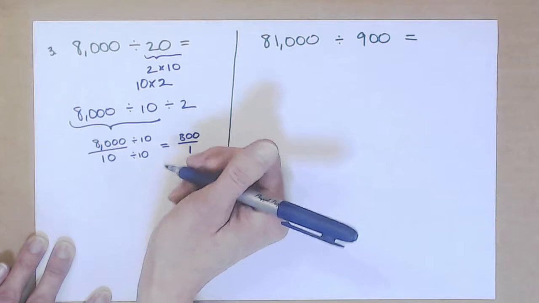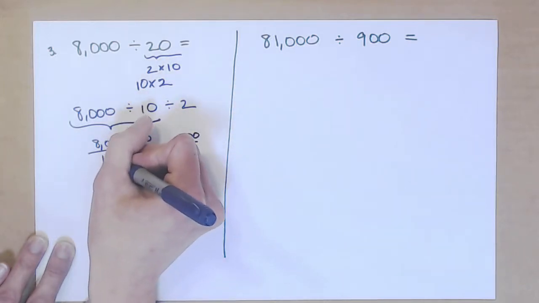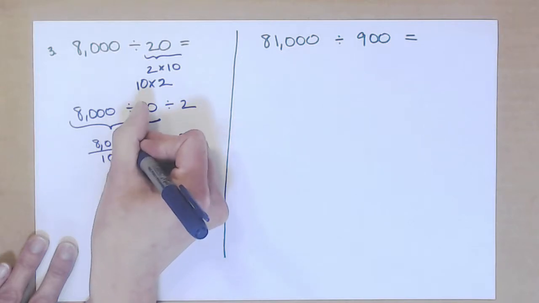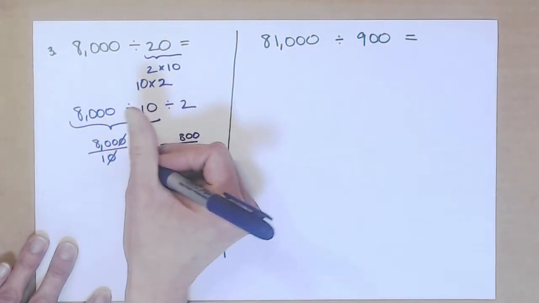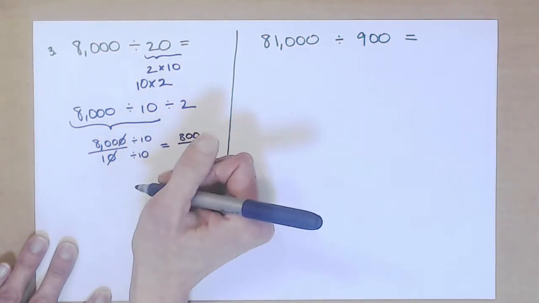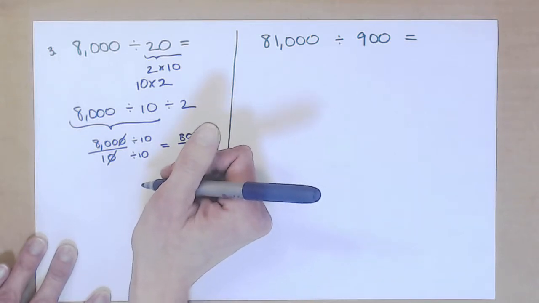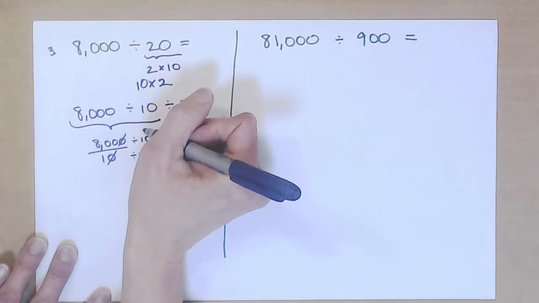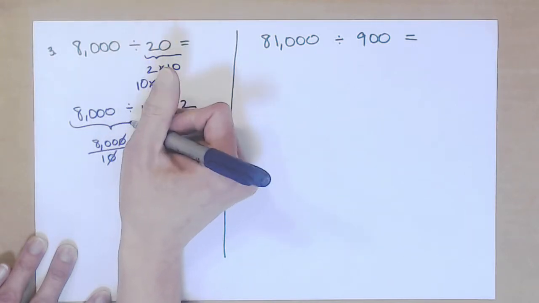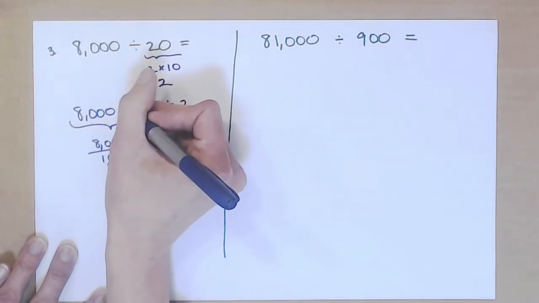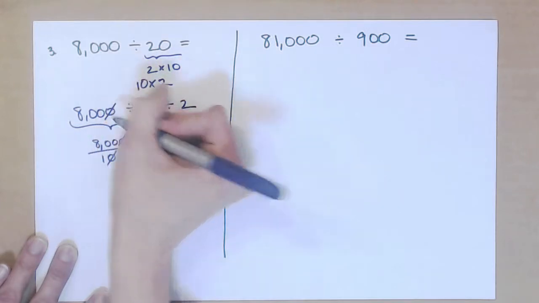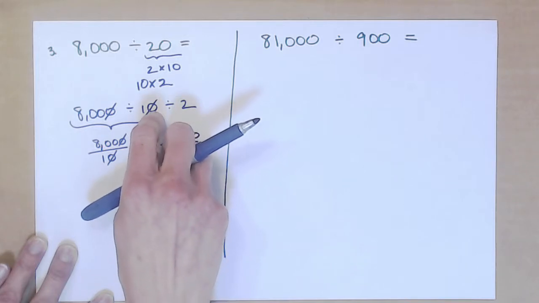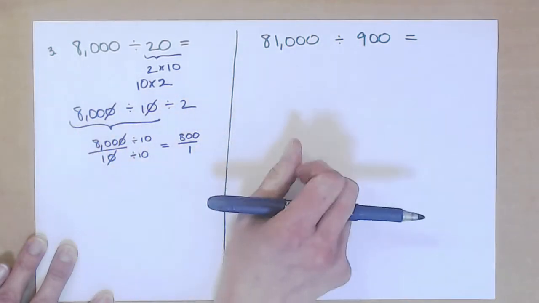And what I'm essentially doing is getting rid of the same number of zeros in the numerator and the denominator. So I can get rid of a 0 here, and I get rid of a 0 there, and I get 800. So up here I can even, in my head, think of this 8,000 divided by 10 as a fraction, and in my head get rid of 1 zero in the numerator and the denominator, or you can say in the dividend and the divisor.